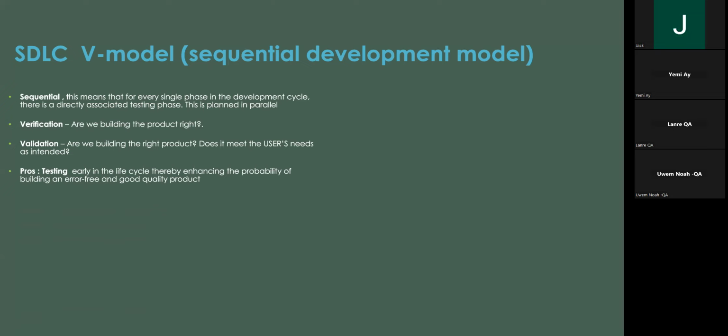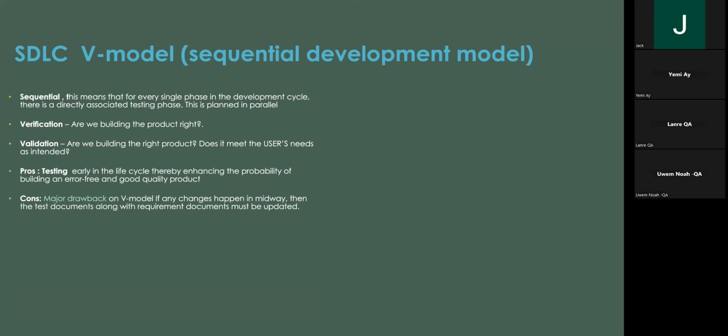Then what are the pros? Testing early in the life cycle is a pro. It's very good. You test early in every phase, thereby enhancing the probability of building an error-free and good quality product.